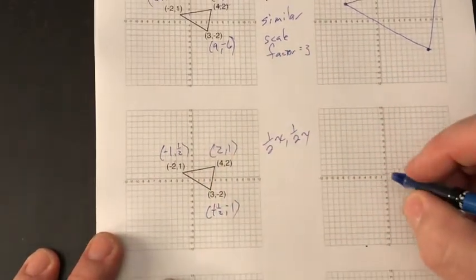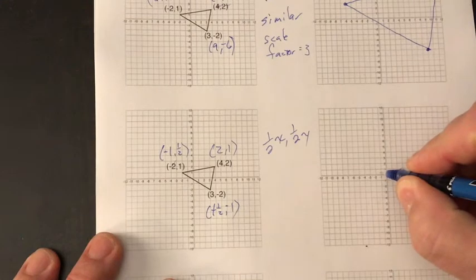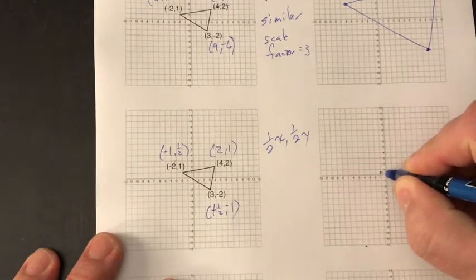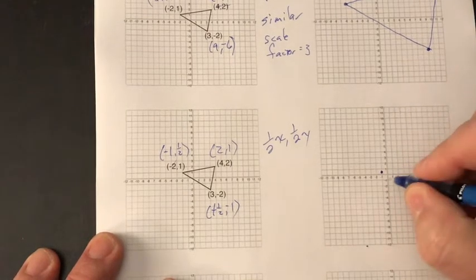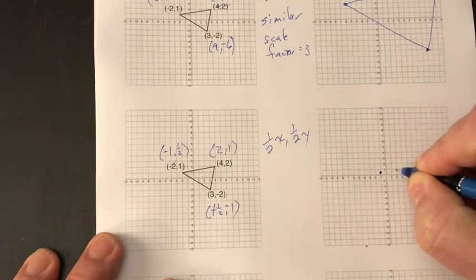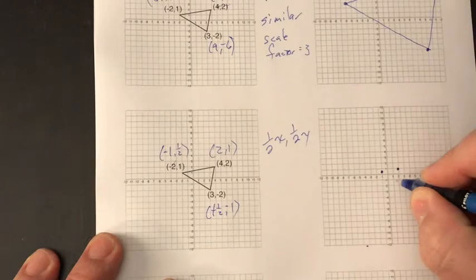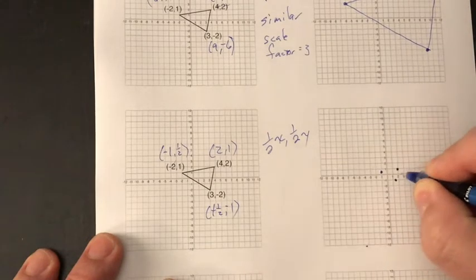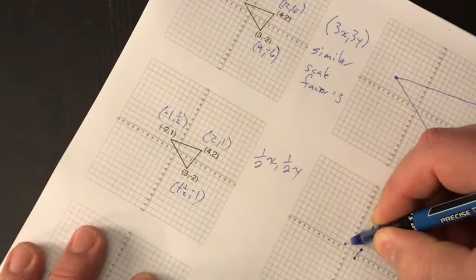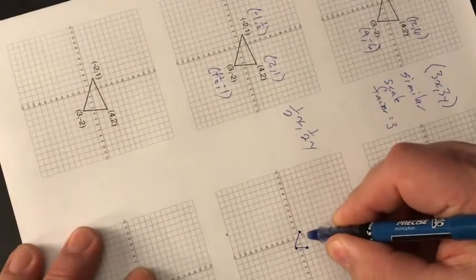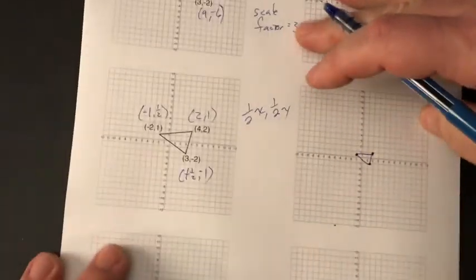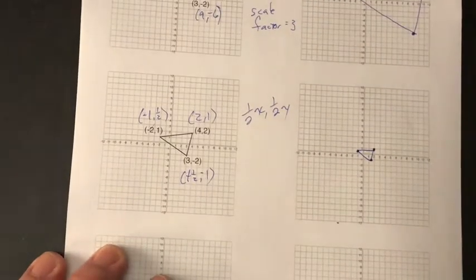And negative 1, 1/2 is right there. And 2, 1 is right there. And 1.5, negative 1 is right there. And if we connect these points together, well, we get a little baby triangle now, don't we?